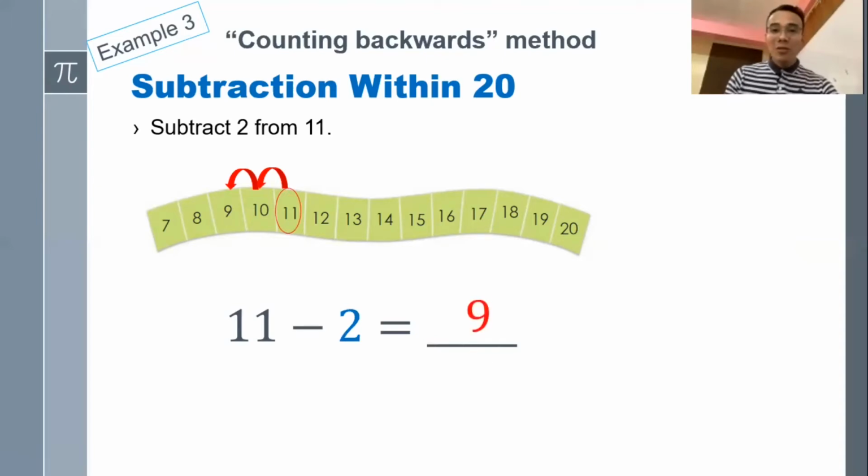The other way to do this, grade 1, is by using our brain and our fingers. So we have 11 in mind and 2. How do we do that? 11, count backward, 11, 10, 9.